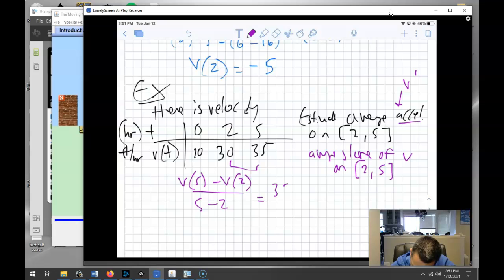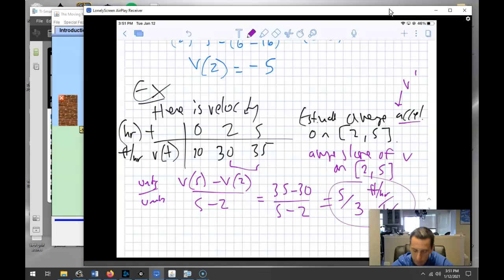So that would be 35 minus 30 over 5 minus 2, which would be 5 over 3. Now, in terms of units, you just think about what are the units on top over what are the units on bottom. And this is an acceleration, so it would be feet per hour, and that makes sense to me. So that's how you do a problem like this, where you have to estimate a slope from a table.